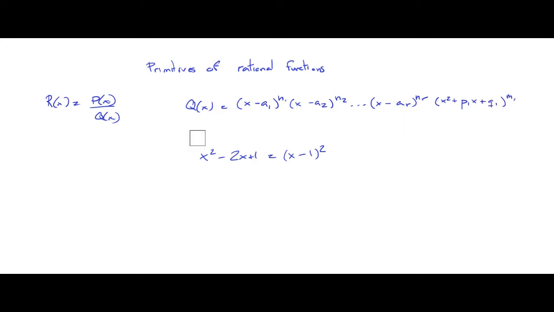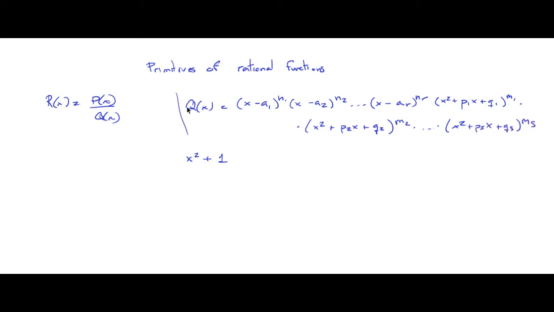So for instance, you could have x squared plus 1. There is no real root for this, so you cannot express it in this simple form. And you can have as many of these factors as you want. You could have x squared plus p2x plus q2 to the m2, and so on, up until s of these.